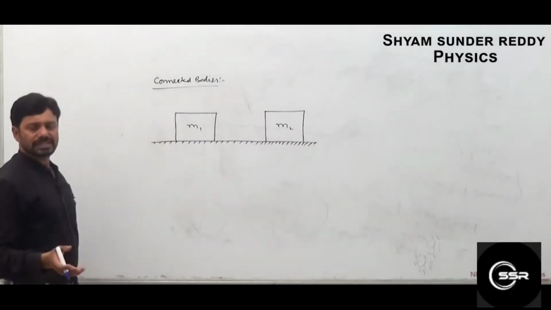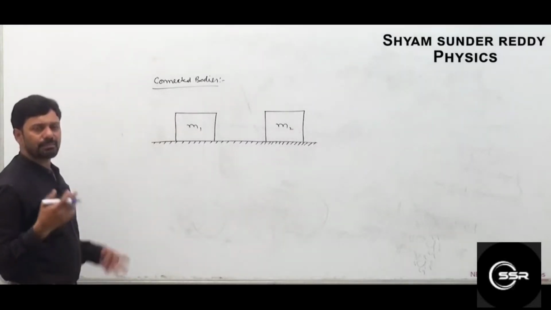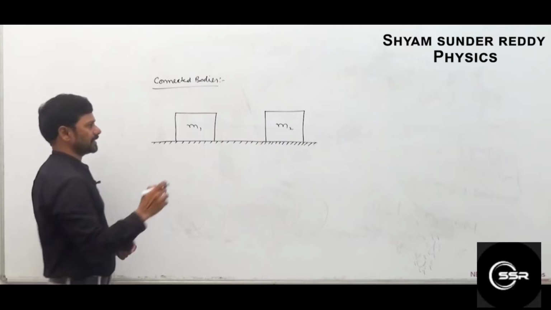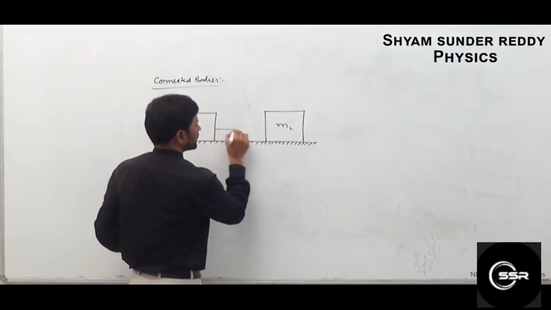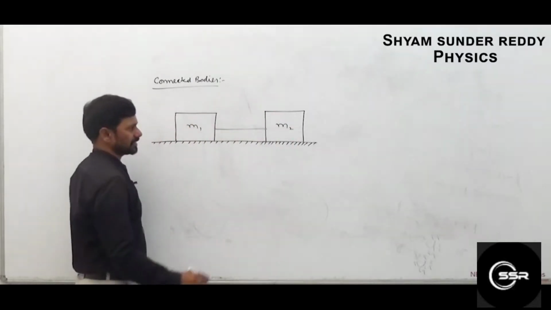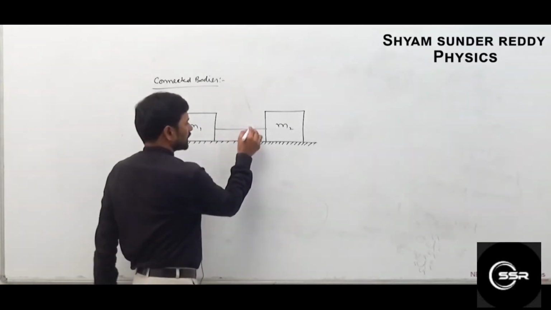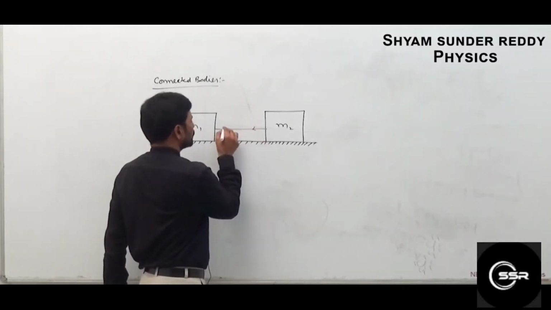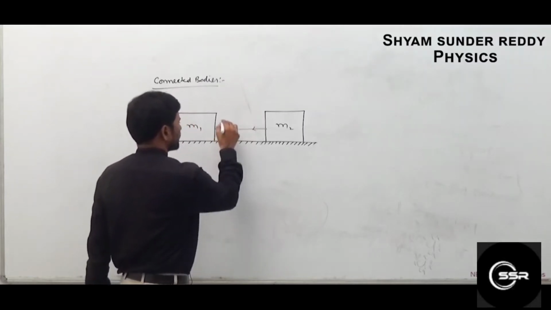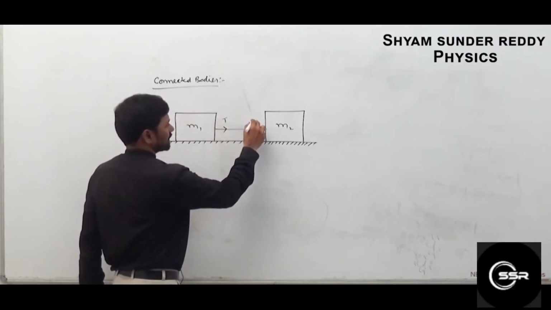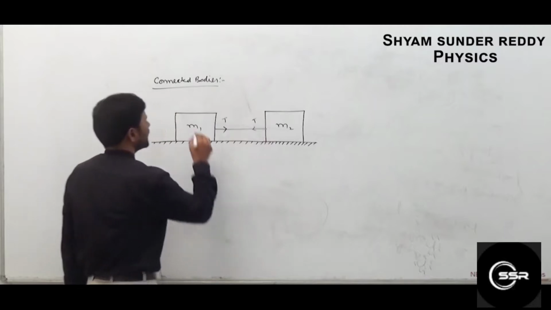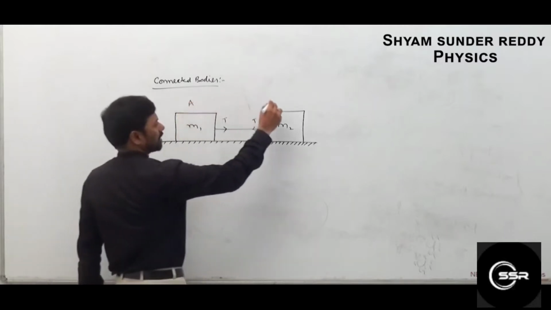These two masses are connected with a massless string. So there is a tension between the two masses, take it as T. This is block A, block B.